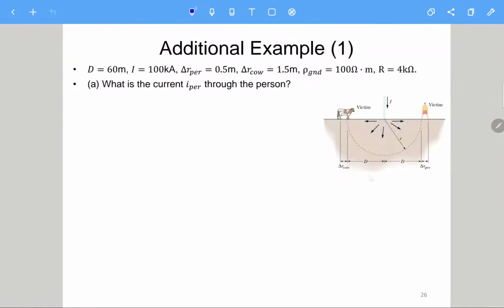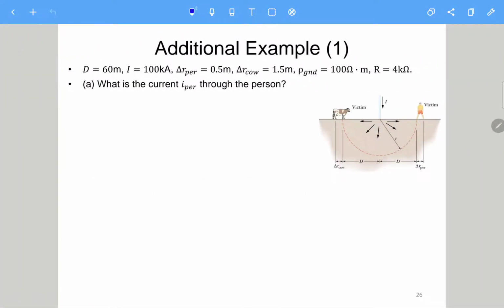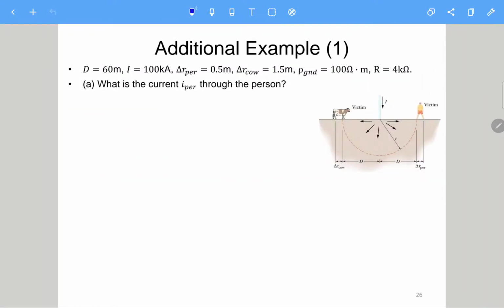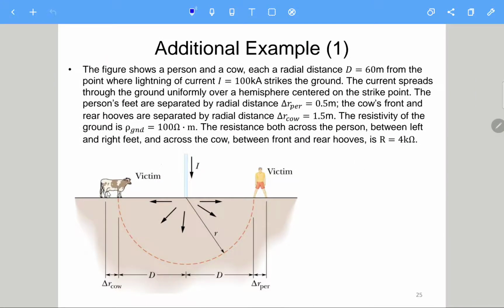So here we have an additional example. Okay, so we have a cow, we have a man, and then we have a lightning strike here hitting this point, and it tells you that the current spreads through here in a hemisphere, 半球.